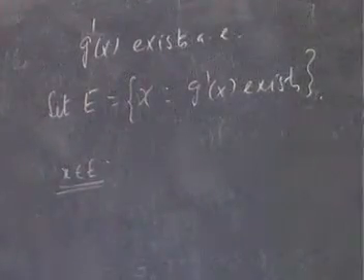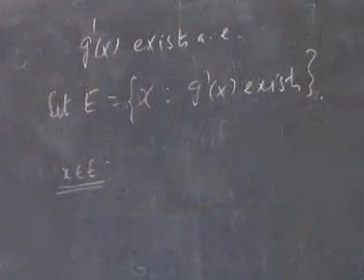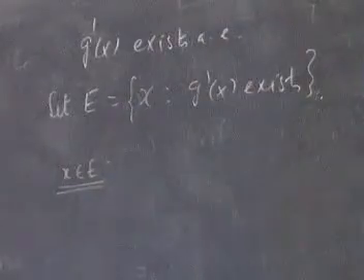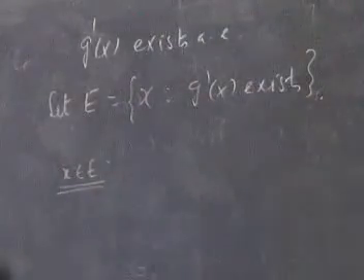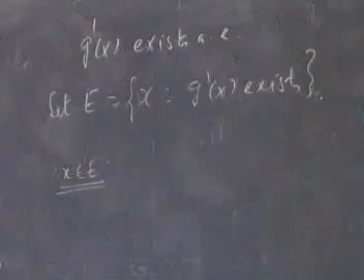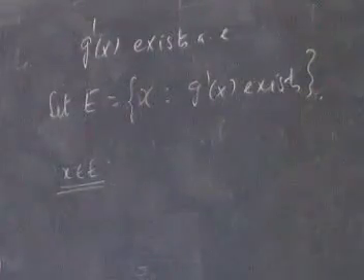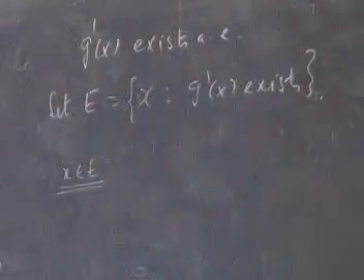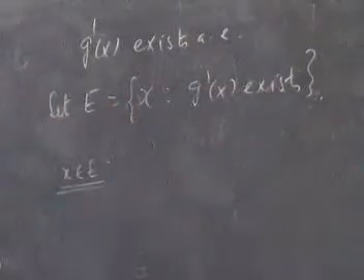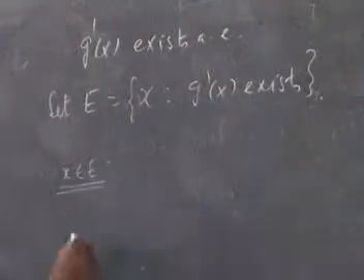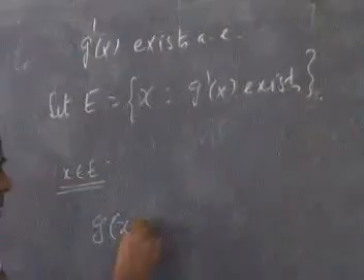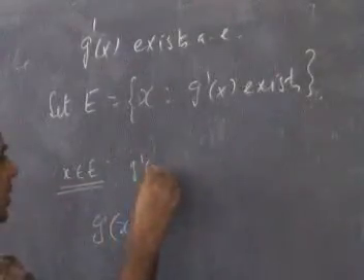So we have to worry only about those points where the derivative exists, because the other part is irrelevant. This is a set of measure 0. So take any point x in E. So we know that g prime x exists.